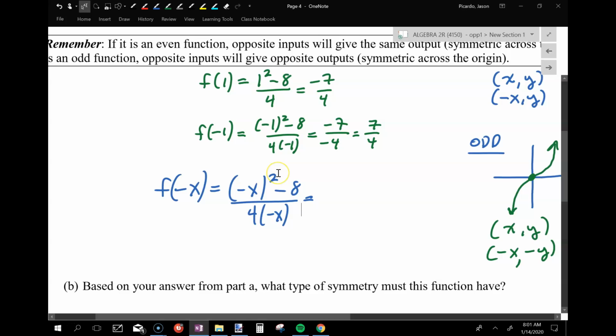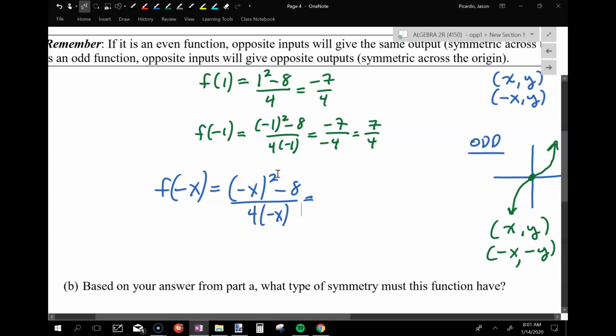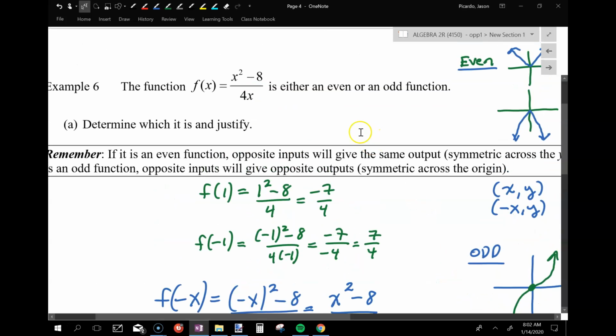What's negative x squared the same as? What's negative x times negative x? x squared, over negative 4x. Hey guys, look at the function.